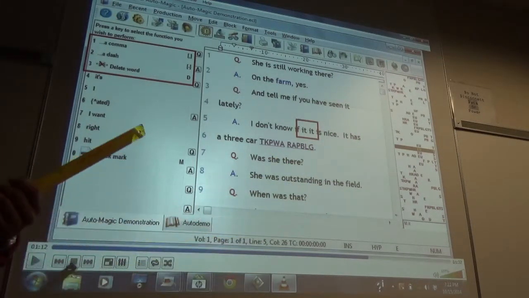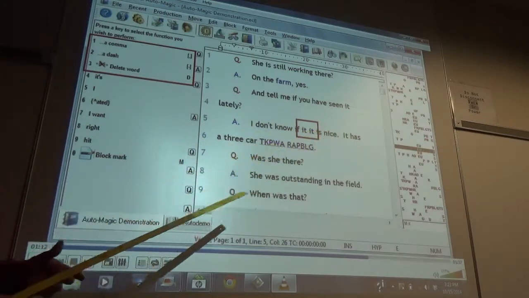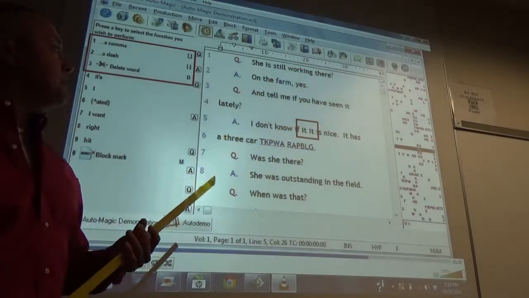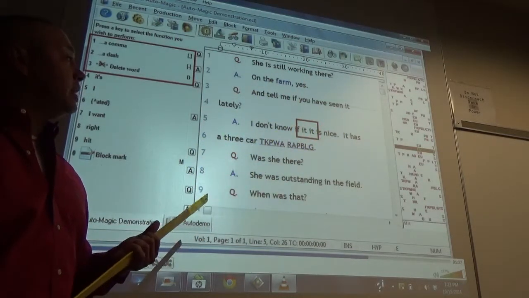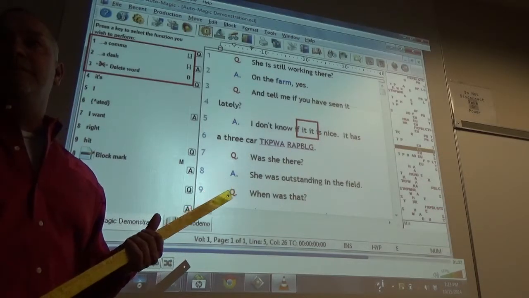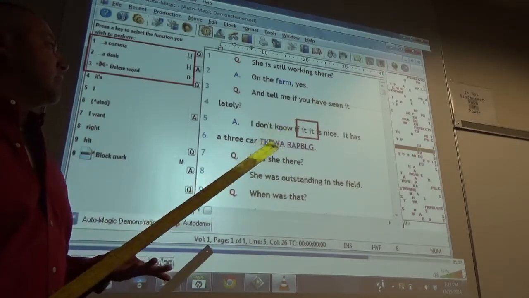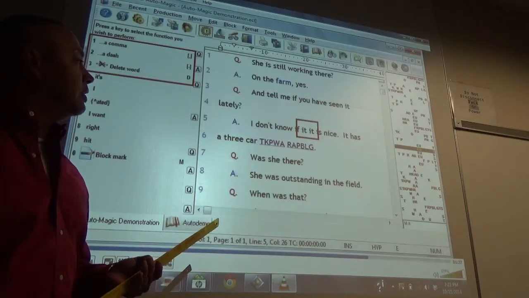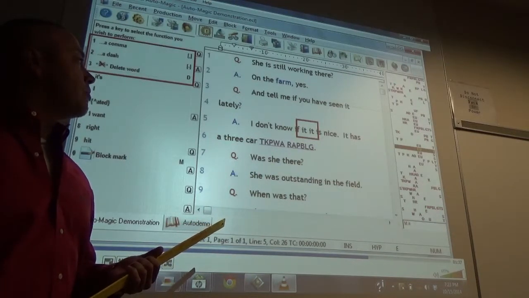So you see how punctuation can change a sentence? I mean, you can punctuate a sentence 3 different ways, and it could have 3 different meanings. You see what it's doing there? And you know, maybe it does need a comma. I don't know if it, it is nice.